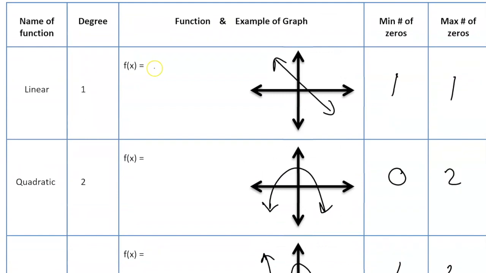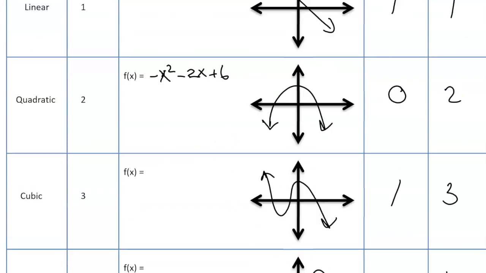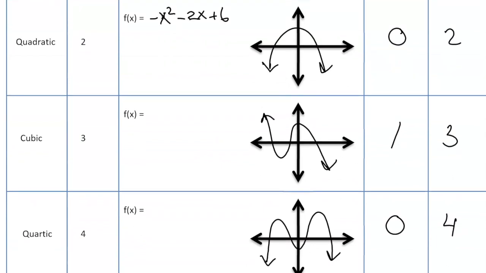We'll do this really quickly. y equals negative x plus 3. y equals negative x squared minus 2x plus 6. And if you're saying, how could that have no zeros? Well, you could start below the x-axis and then just end by pointing down.